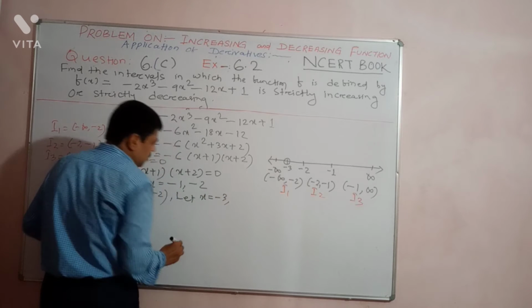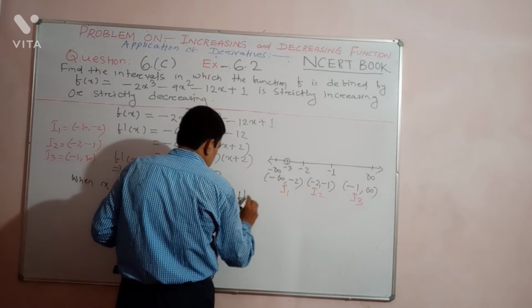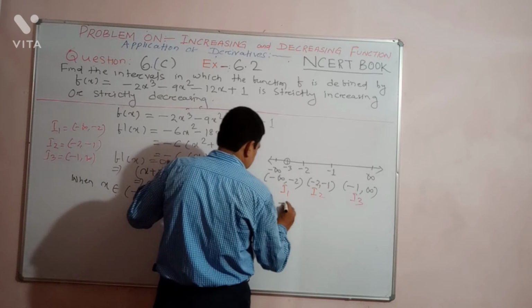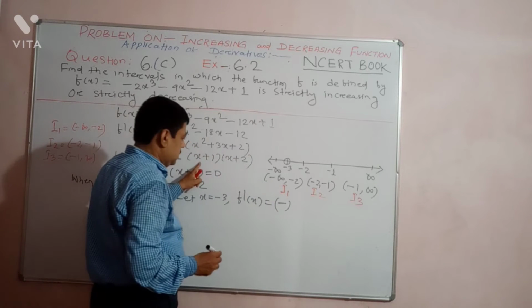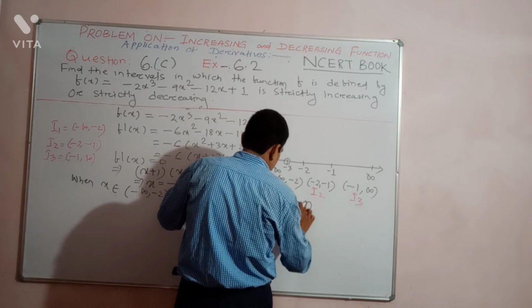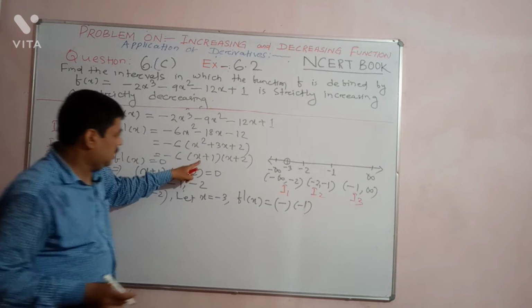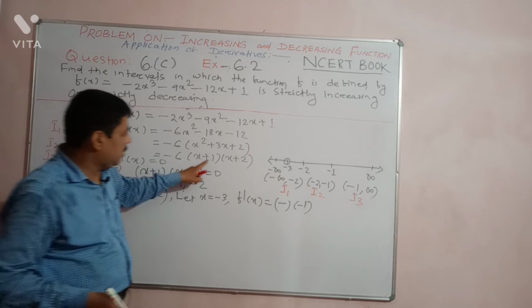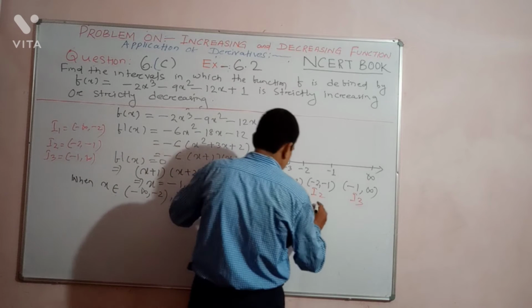If I am taking x = -3 and putting the value, what will the slope of the function be? This sign is negative, you see, and here x + 1 is -3 + 1 = -2, negative, and here x + 2 is -3 + 2, which is also negative.